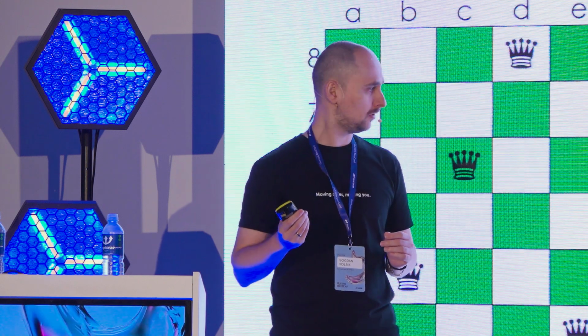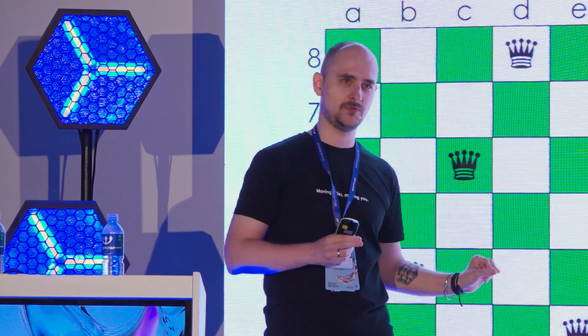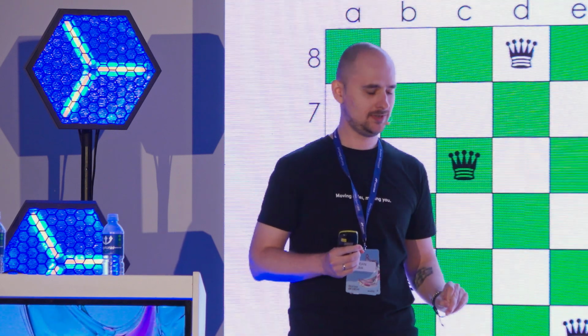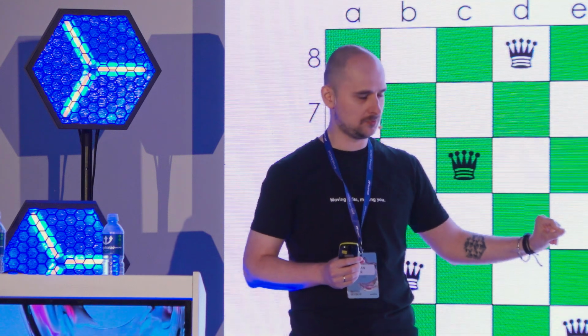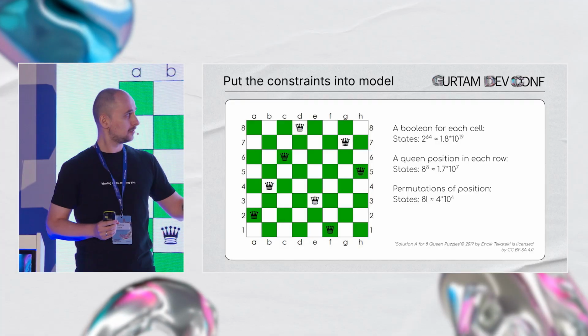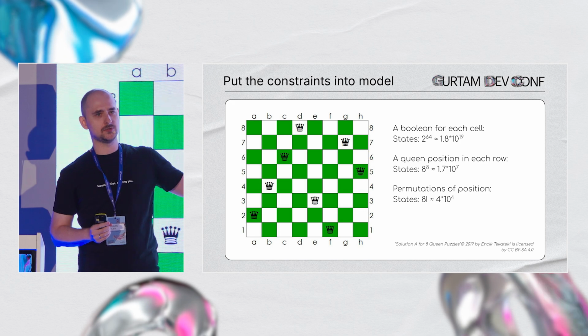We can then think that we can have only 1 queen in each column, and it means that we can only have permutations of numbers from 1 to 8 as our model. And in this case, our solution space is 10 to the power of 4. It's 15 zeros of difference.